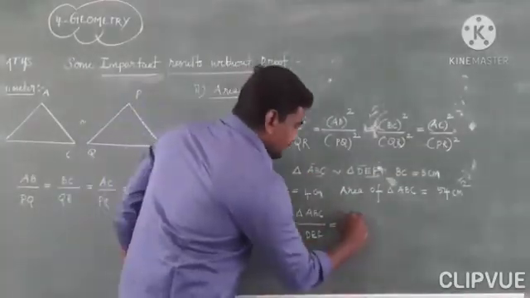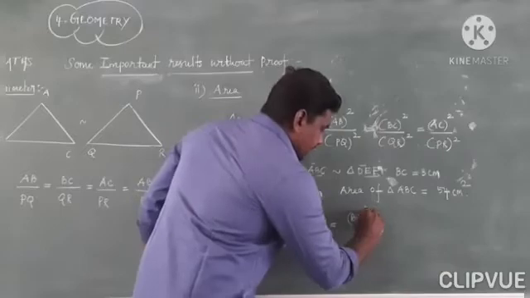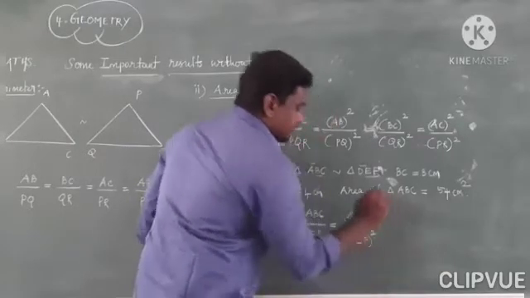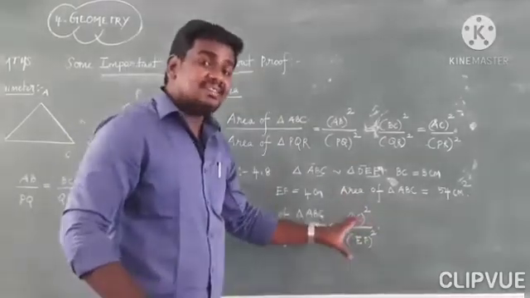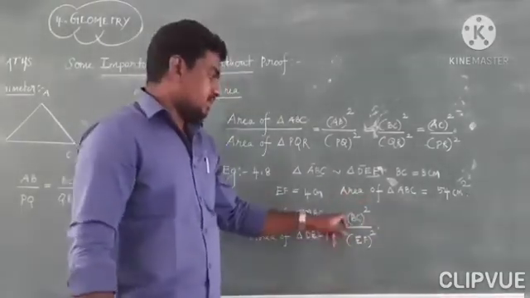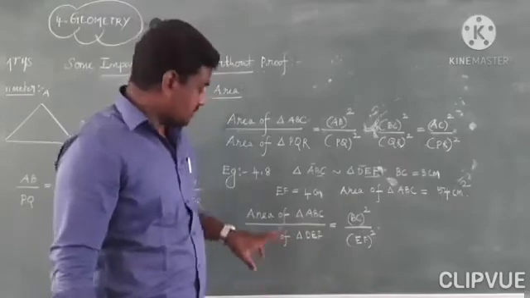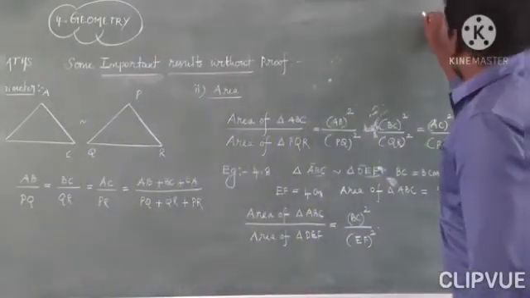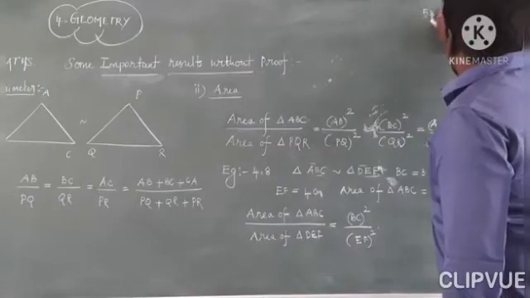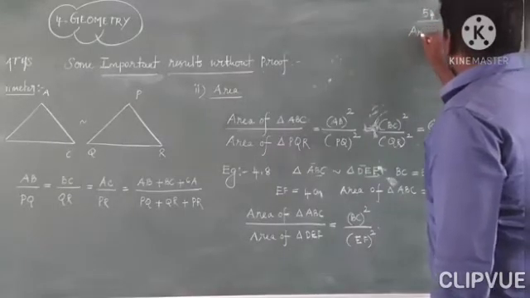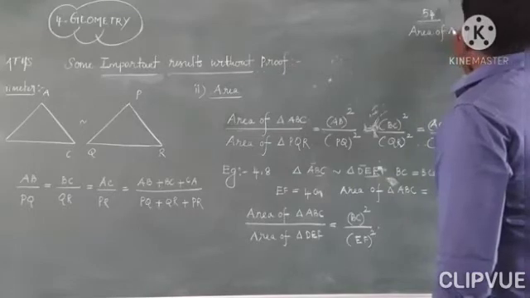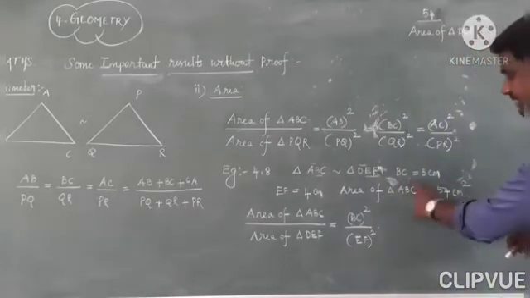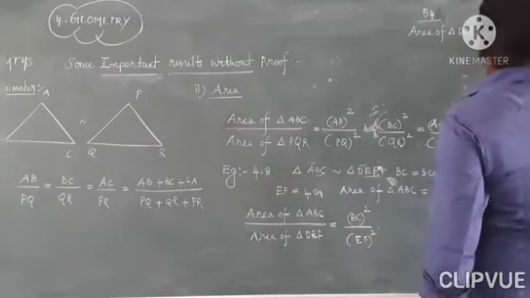Therefore, we can take BC square divided by EF square, the ratio of squares of their corresponding sides. So we can substitute their values. Area of triangle ABC is given, that is 54 cm square, divided by area of triangle DEF is equal to BC, that is 3 cm.